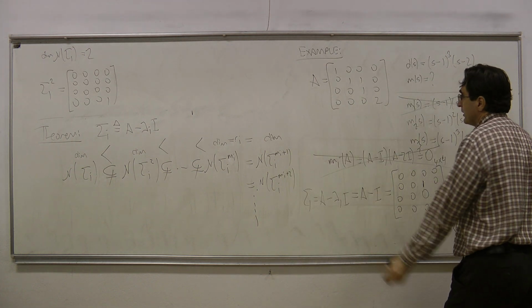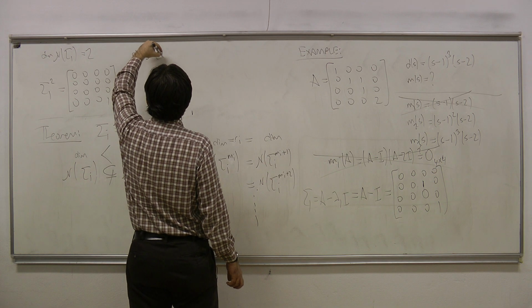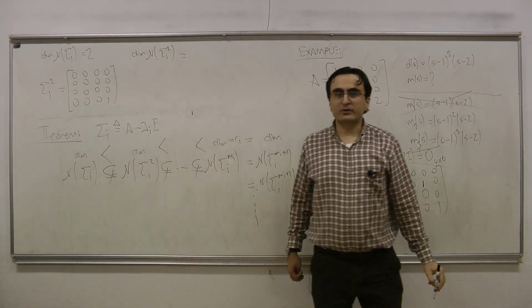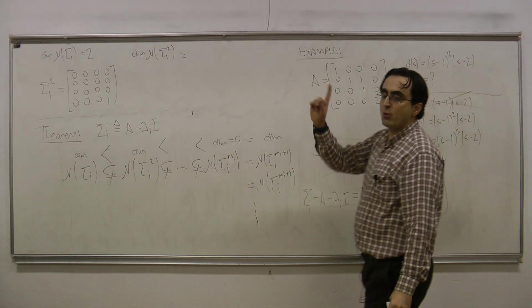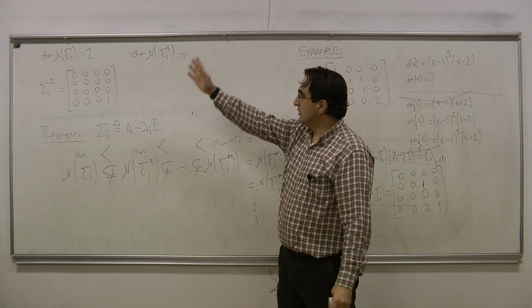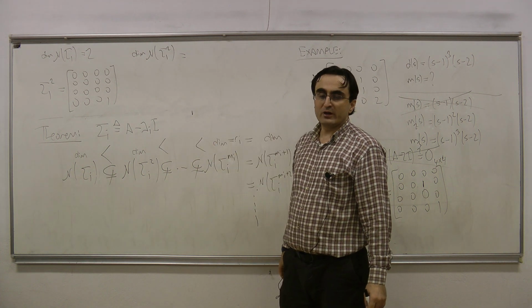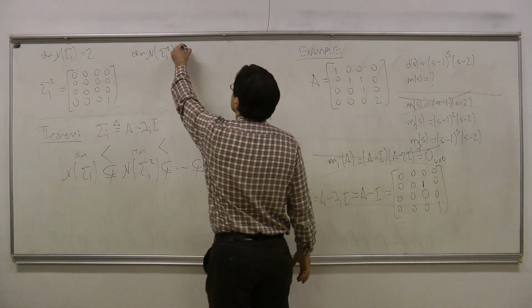And now I'm going to be looking at the dimension of the null space of sigma 1 square. What is the rank of that matrix? The number of linearly independent columns is 1 only, the rest is 0. Therefore, what is the null space dimension? It has to be equal to 3.